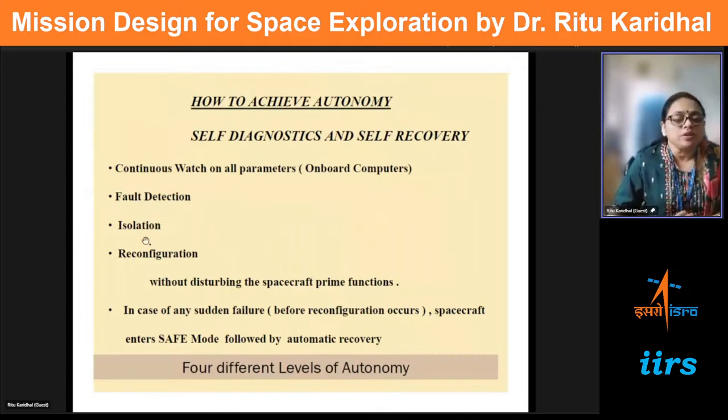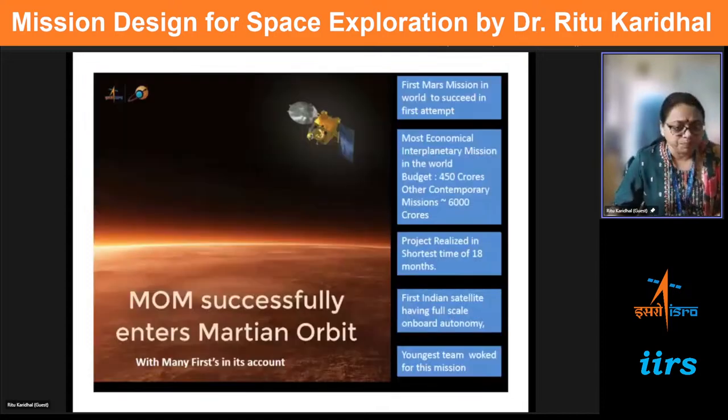This is very important for any interplanetary mission: have a continuous watch, do fault detection, do the isolation, and then reconfiguration without disturbing the prime function of the spacecraft. This is the brain of the satellite, or you say autonomy. Full system is autonomous or smart systems. We have to build such systems for any space mission.